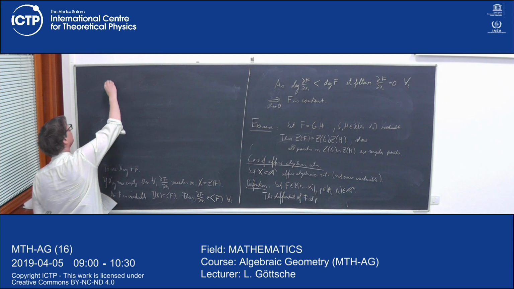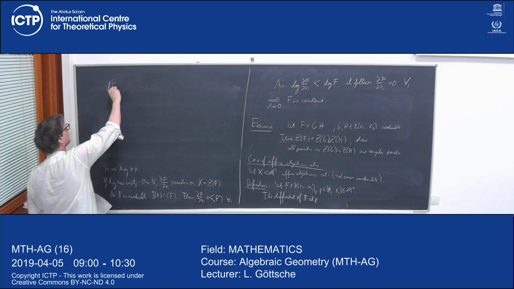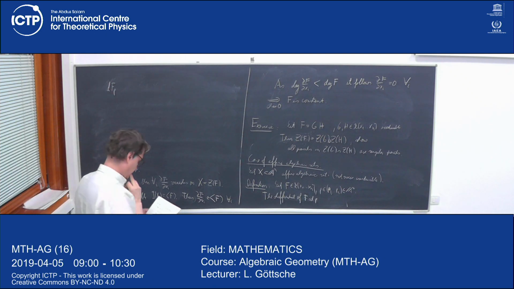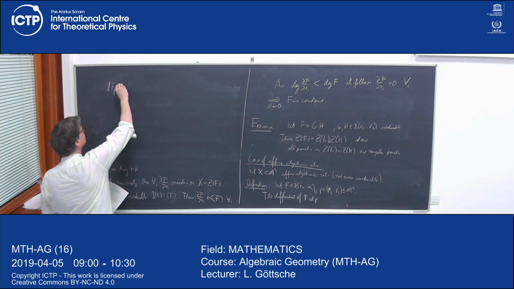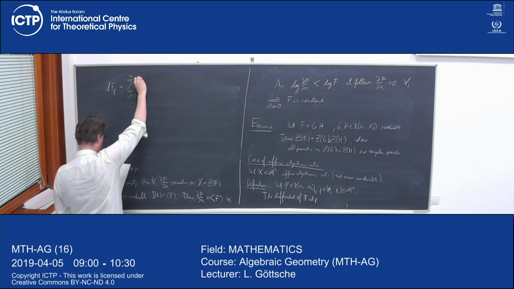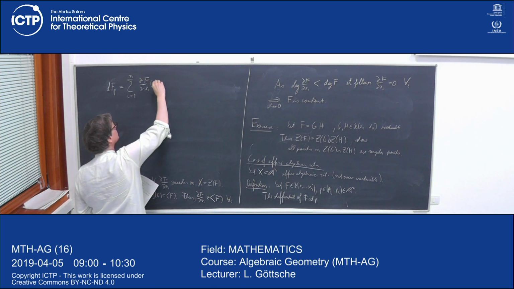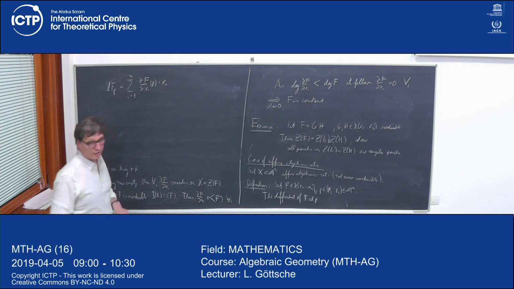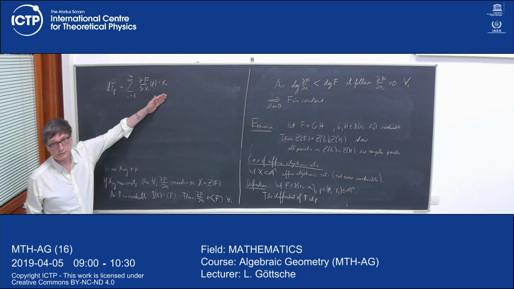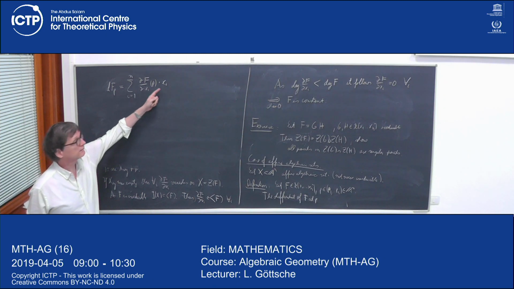So it's d_p f, which is equal to the sum i equals 1 to n of the partial derivative at p times xi. So it's a polynomial of degree 1, which can be written like this. It's a linear form. I just take the partial derivatives times xi.